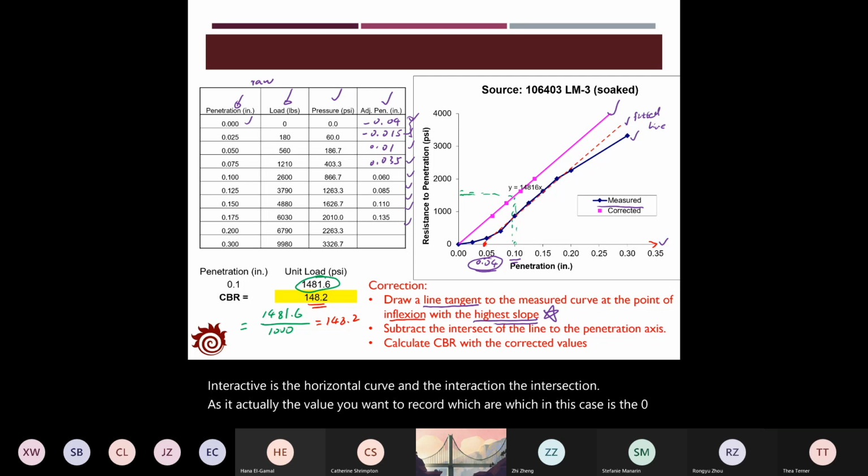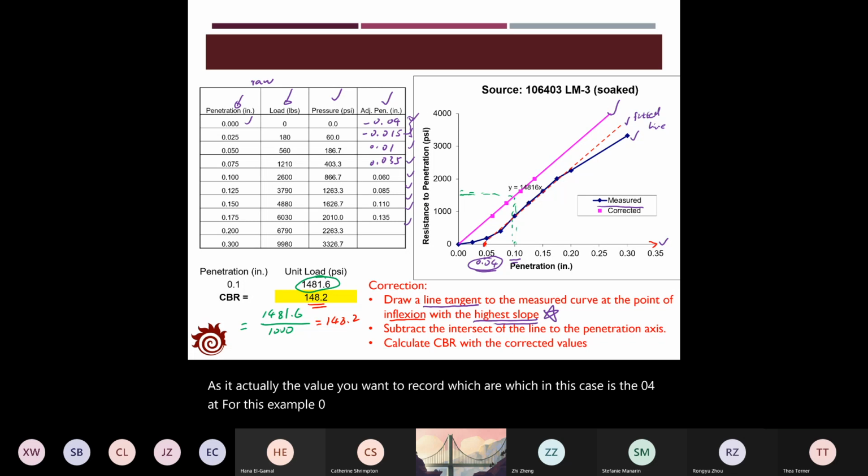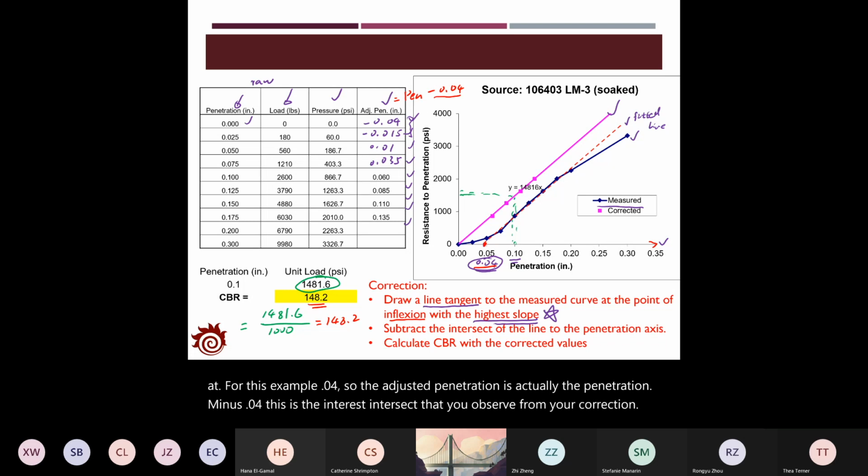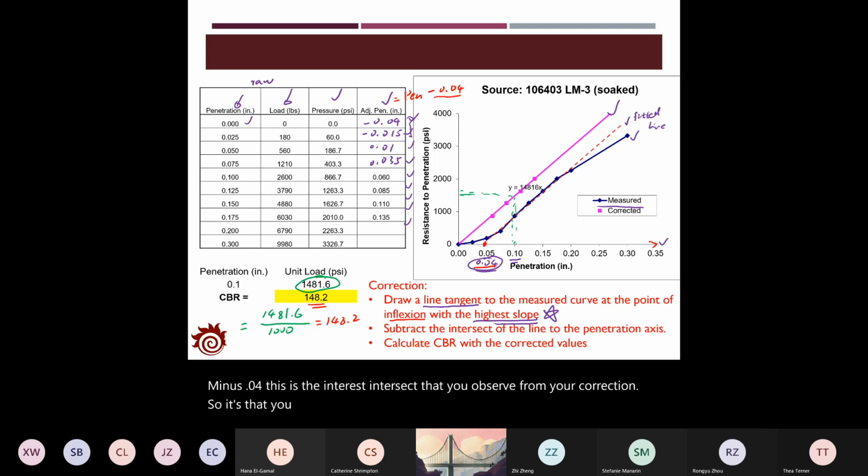For this example, 0.04. So the adjusted penetration is actually the penetration minus 0.04. This is the intersect that you observe from your correction. So with that, you shift all these points to the left by about 0.04 for all the observed data points.